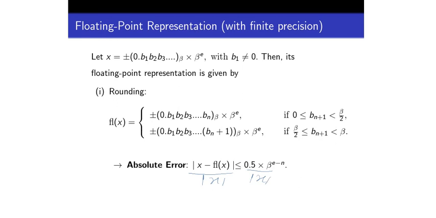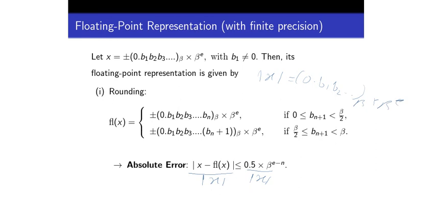It is this plus minus 0.b1 b2 and so on, and the mod is always plus, so mod x is equal to 0.b1 b2 and so on with base beta times beta to the power e. So beta to the power e will get cancelled.